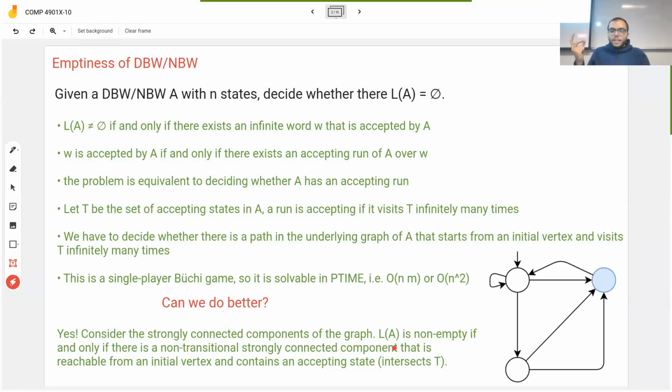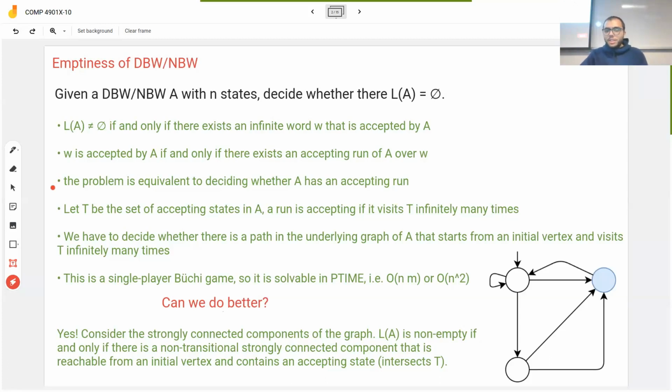So in other words, I can guarantee that I will see my target vertices infinitely many times if I can find a cycle that contains one of my target vertices. And then I'll just go to that cycle and cycle around, right? So what are the conditions that I need?